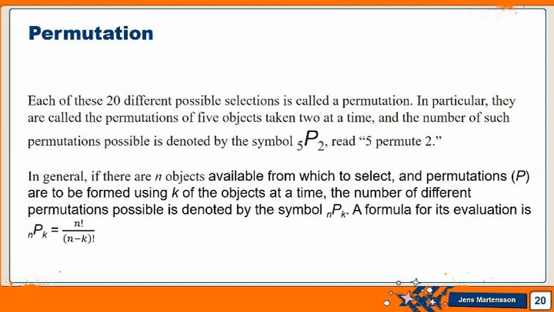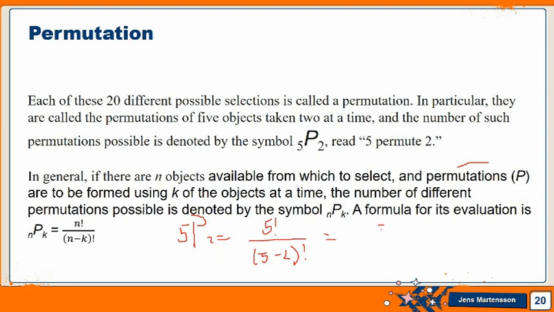So, for the formula for the permutation, we have n factorial over n minus k factorial. So, instead of listing down, we can use this formula. Ganyan, we have 5P2, di ba? So, we have 5 factorial over 5 minus 2 factorial.